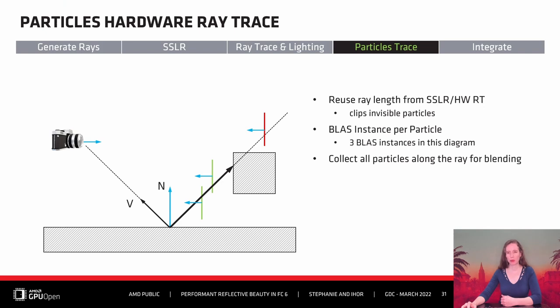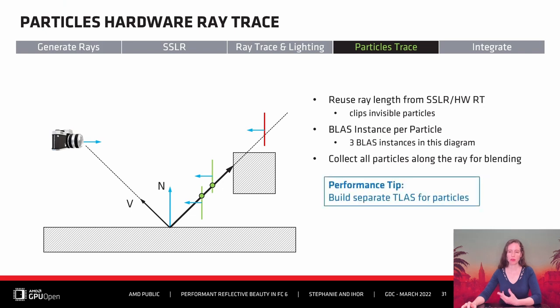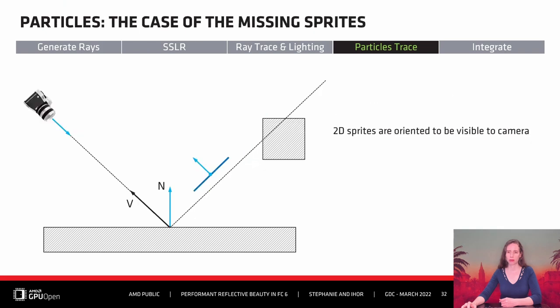Using the predetermined ray length and one BLAS instance per particle, we collect all particles along the ray to allow us to blend properly. Performance tip: a separate TLAS for particles gives a performance boost when traversing the particle acceleration structure to trace rays.